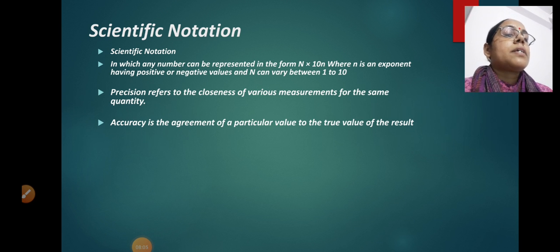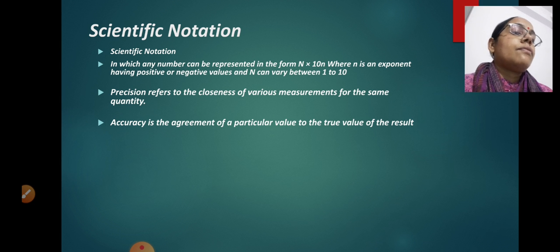Now next one is precision. Precision refers to the closeness of various measurements for the same quantity. When the same quantity is measured by different people in different ways, there are different observations for the same quantity, and how close the values of that same quantity are, that is called precision.